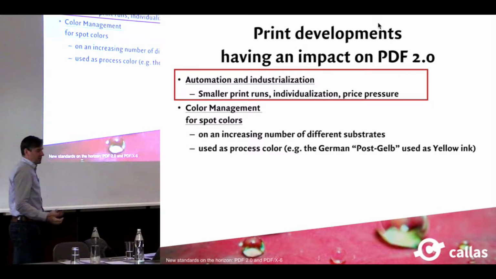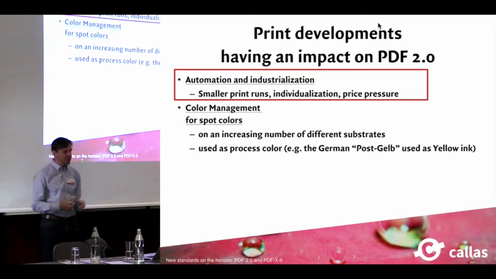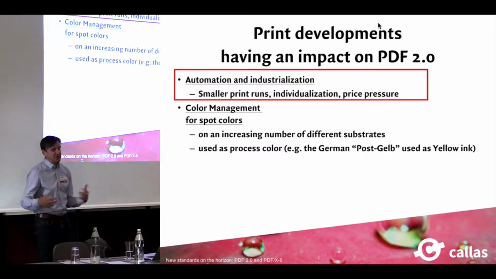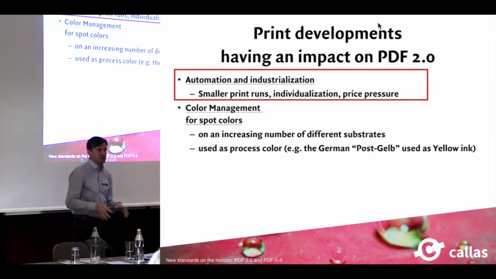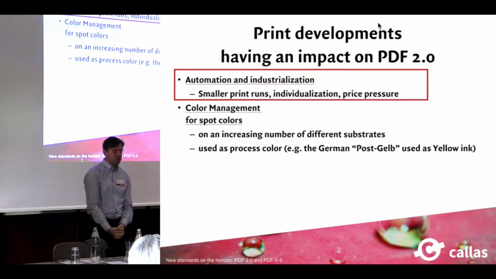I mean, these are just a handful. I think it's 7 new features or so I want to mention here, where I think there are many more, but these features I think are important for prepress and print workflows. The others are more for document processes.